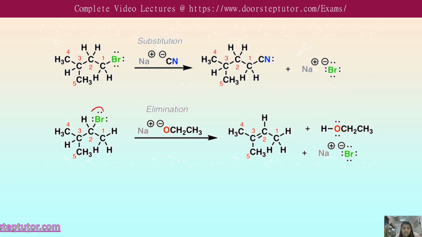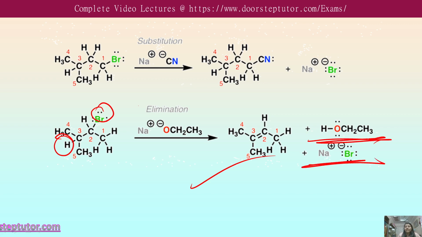As H and Br are removed, we are getting the more substituted alkene. It depends whether we get the more substituted or the less substituted alkene; for that specialization we studied in the elimination part. So we have alcohol and we have sodium bromide.